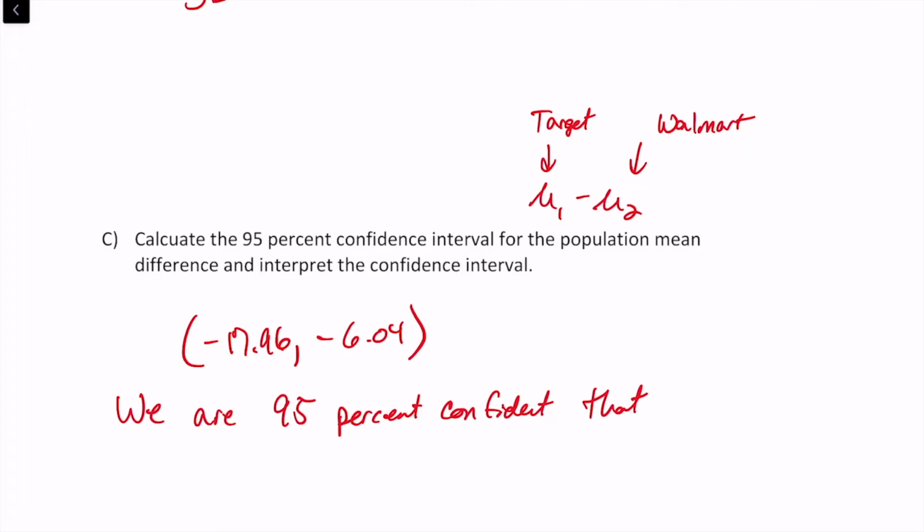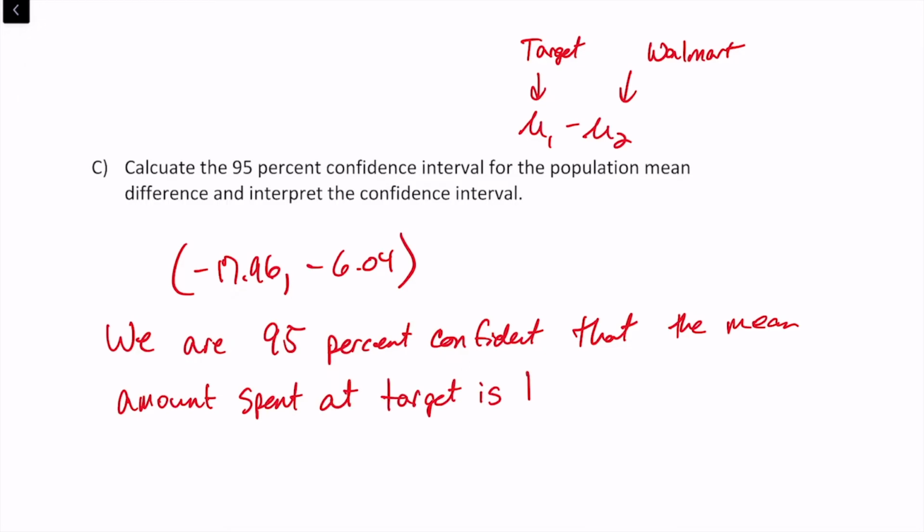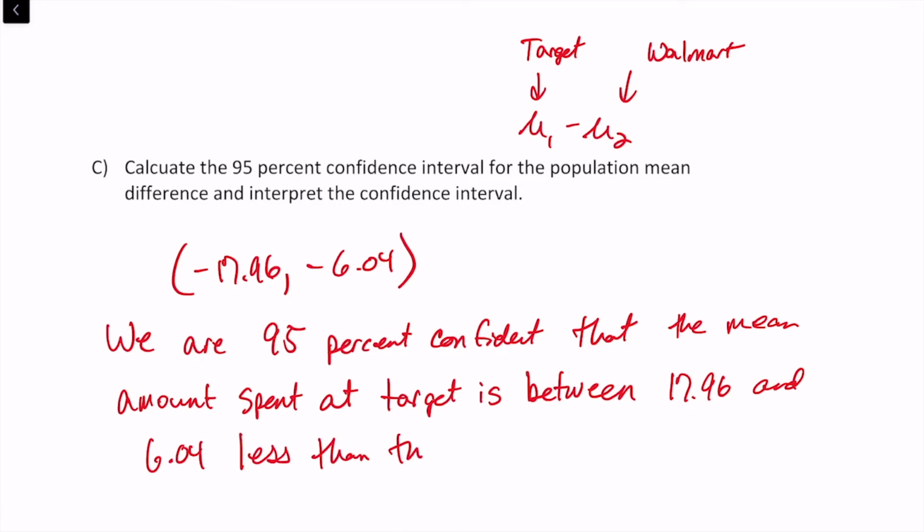So we are 95% confident that the mean amount spent at Target is between 17.96 and 6.04 less than the mean amount spent at Walmart.